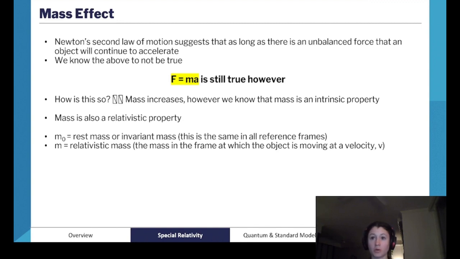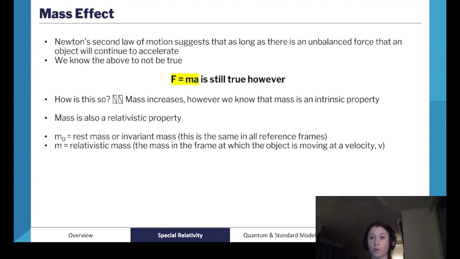So it's going to be accelerating less and getting bigger. Which, yes, again, sounds crazy because you can't just increase the mass of something by putting more force into it, but this is what we observe.